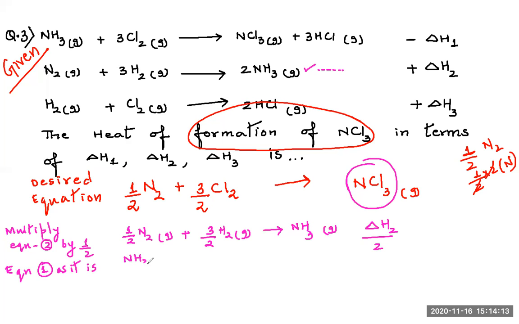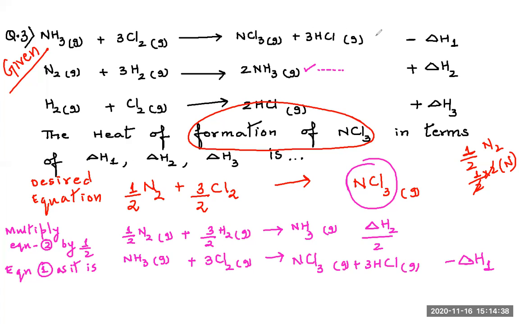So I'm writing NH3 gaseous plus 3 chlorine gaseous is giving me NCl3 gaseous plus 3HCl gaseous. As it is, so delta H1 remains as it is.